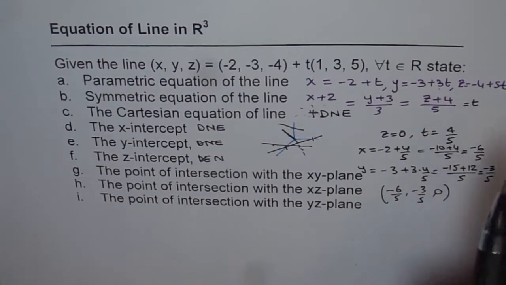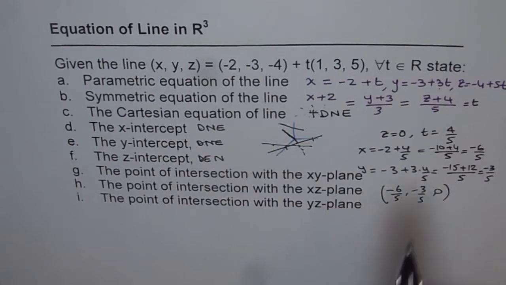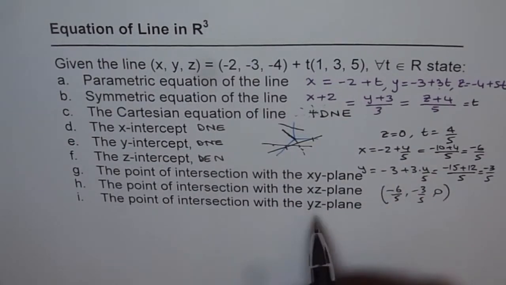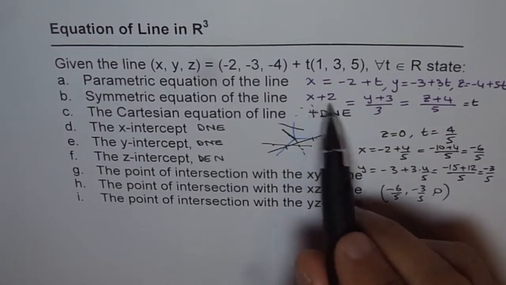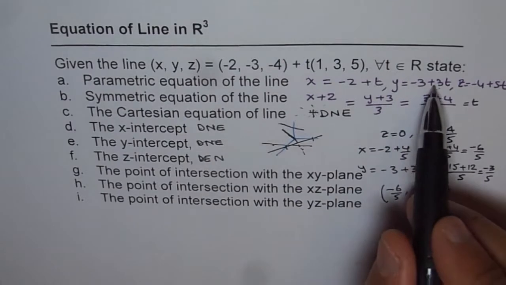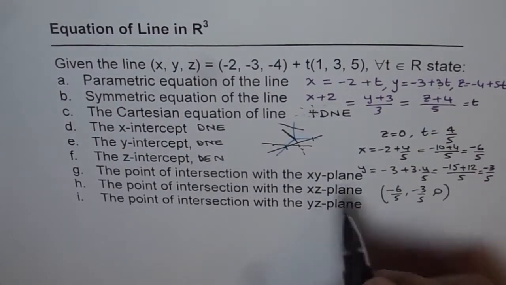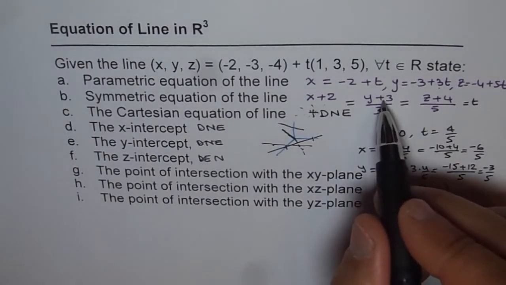So let me do this for you again because I saw that to be 0. So let's say we are doing the point of intersection with the YZ plane. So let me do the XZ plane first and then really check the answer here. So if I do the XZ plane, that means Y equals 0.